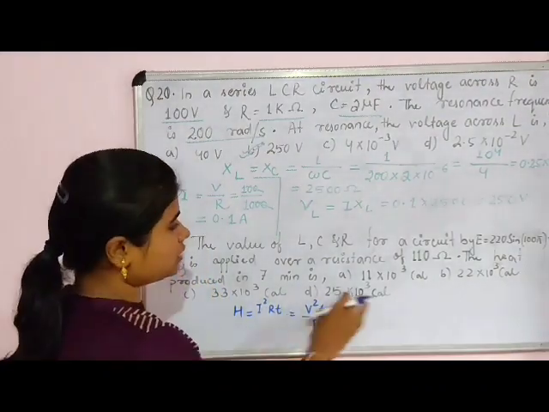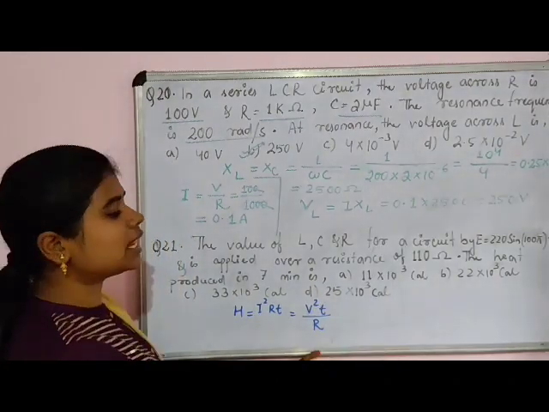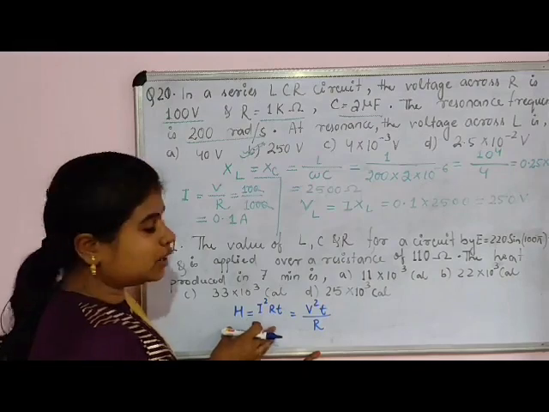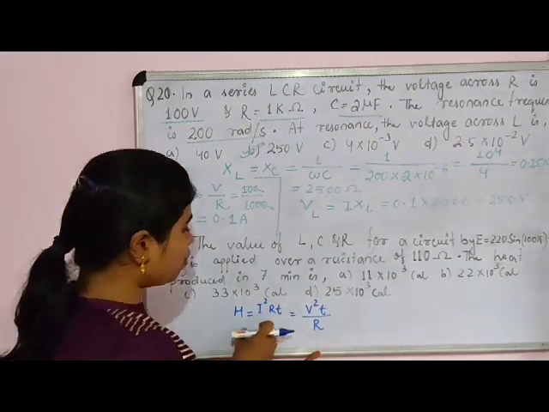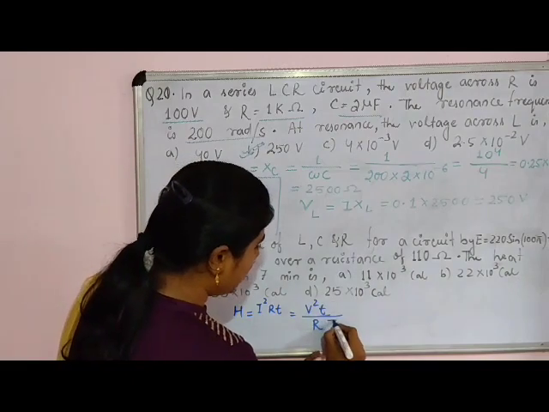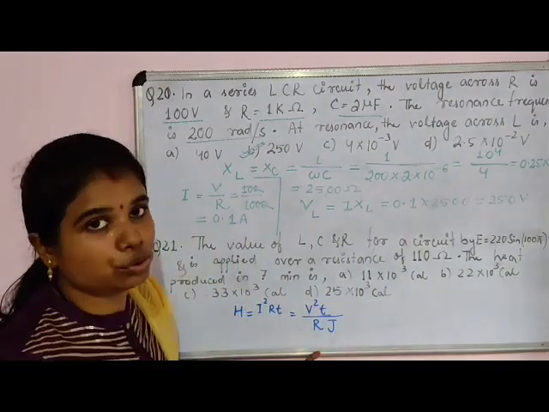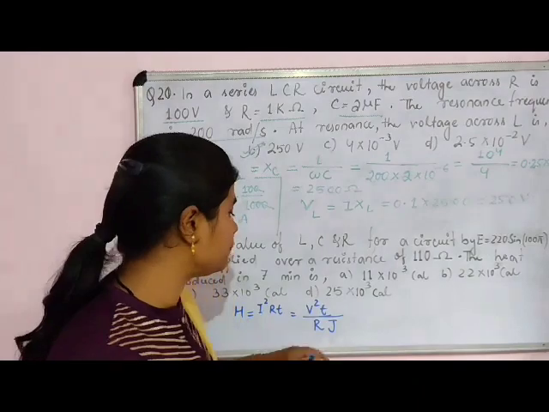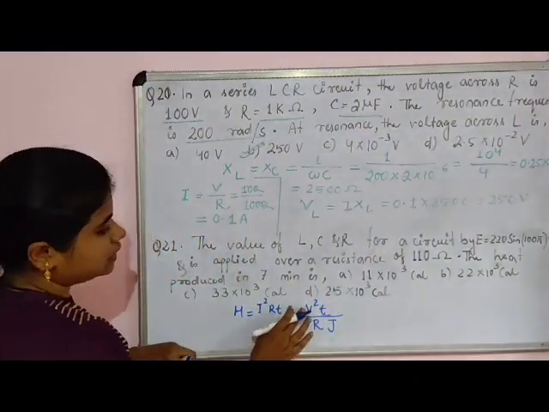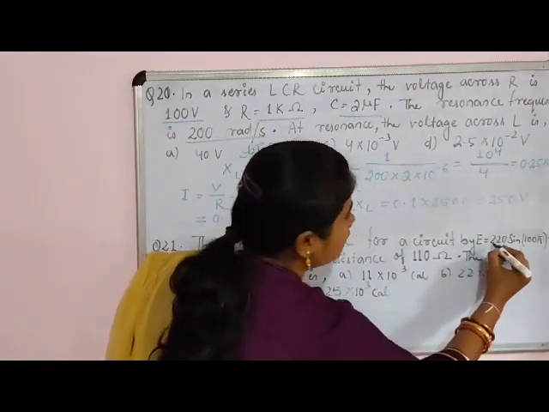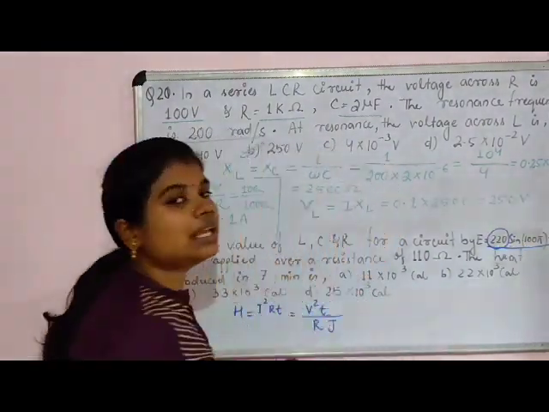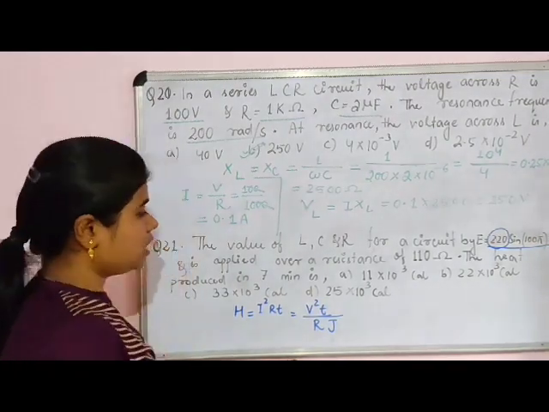Next thing is the options. As you can see, all the options are given in calorie, so whatever amount of heat we get in joule, in order to provide that answer in calorie, we need to convert it. Now we just have to put all the values. Here in the given expression we have V RMS, right?